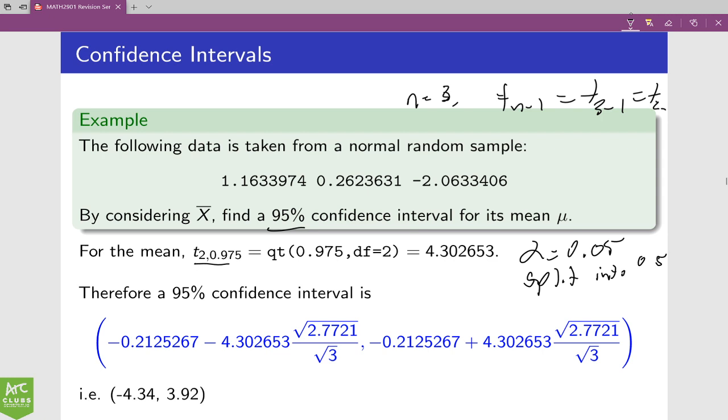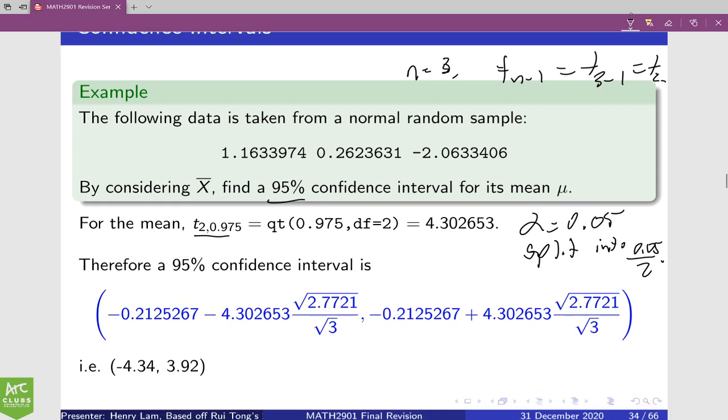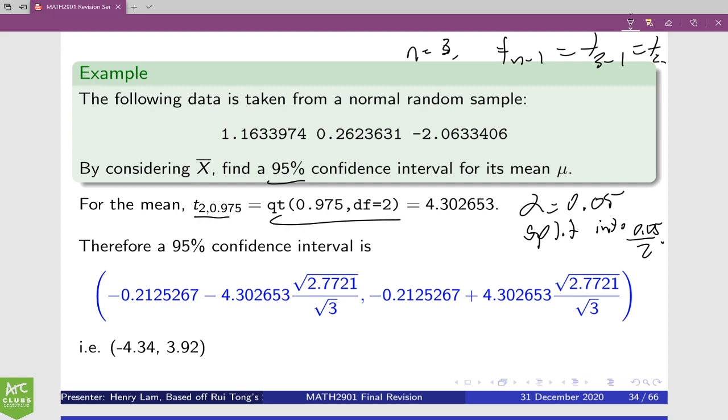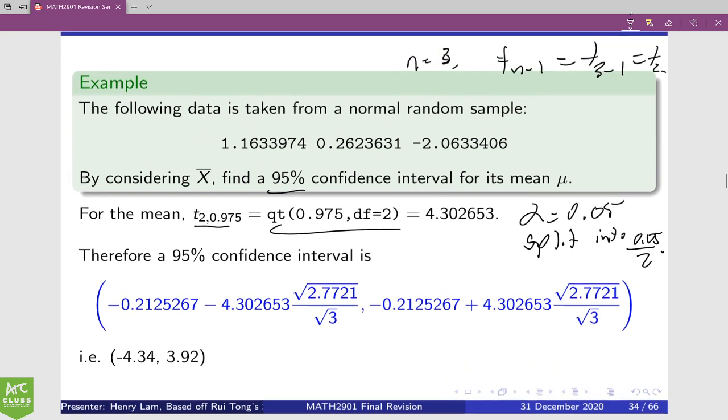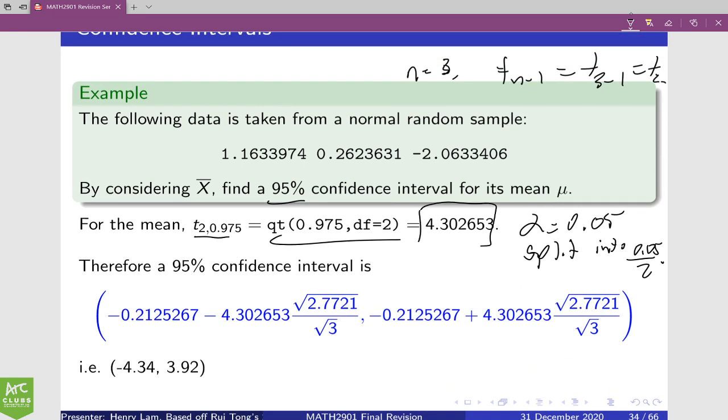So you split it across two ends of the distribution, and that's why you have the top and the bottom end. And this is how you write it in R. We have this value, which is just subbed into here and here.